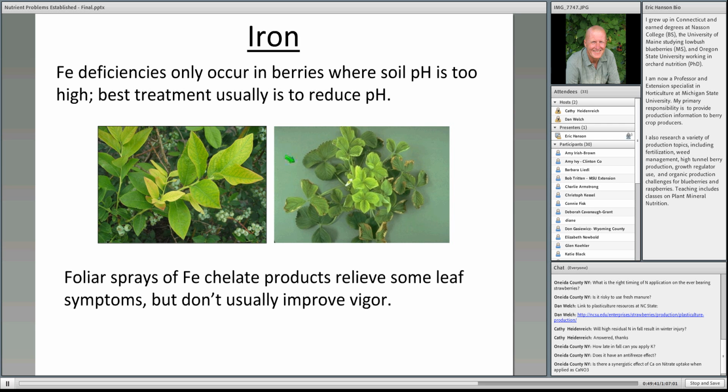So the problem is really related to the effect of pH, and dropping the pH is the only good solution to it.